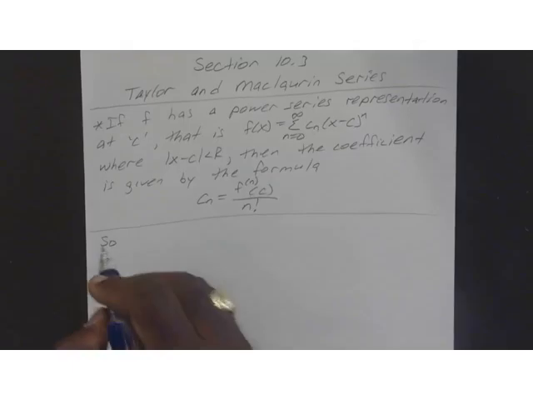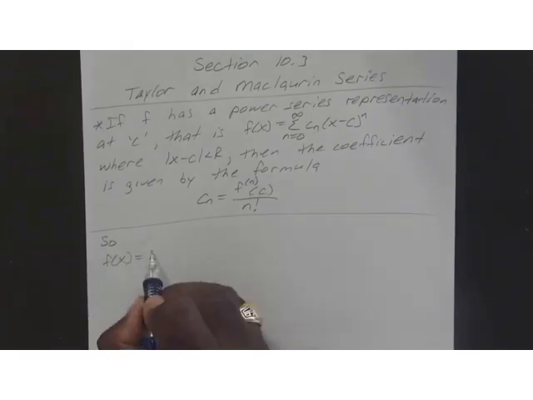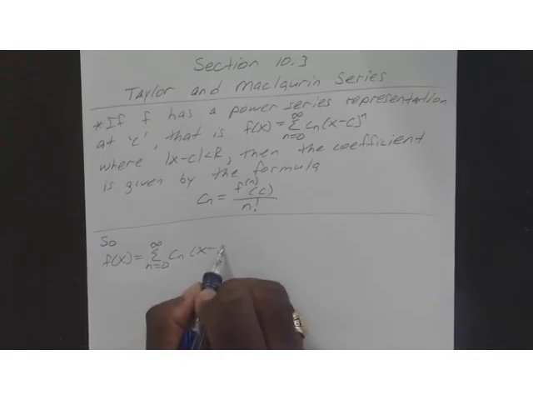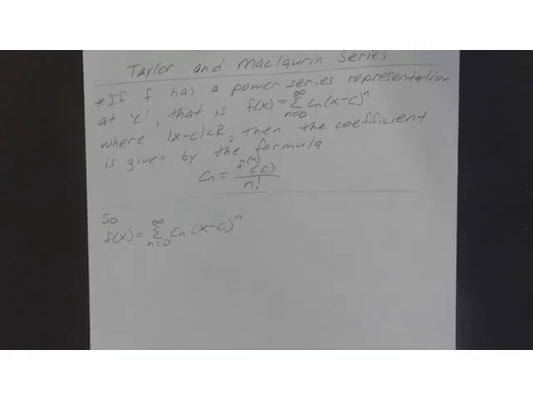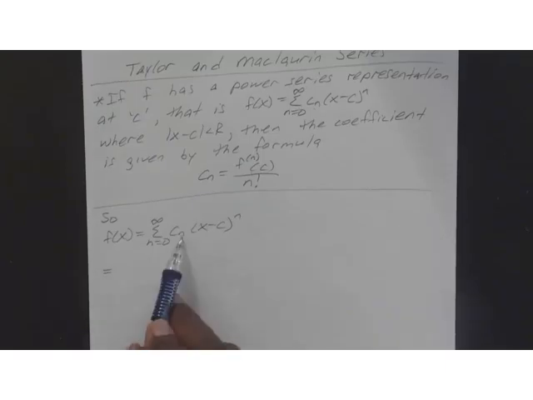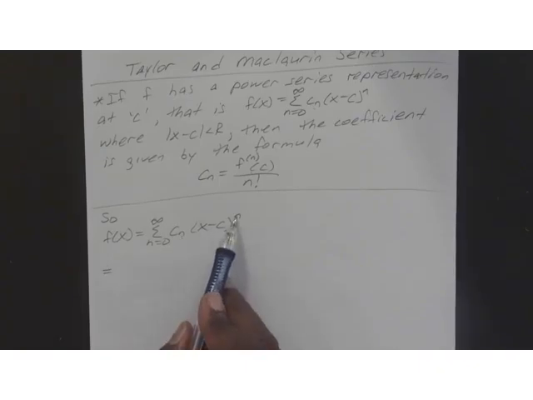So that just means that your f of x, that is equal to the sum from n equals 0 to infinity of c sub n times x minus c to the power of n, we can rewrite that. We make n equals 0. So that's x minus c to the power of 0, which is just 1.